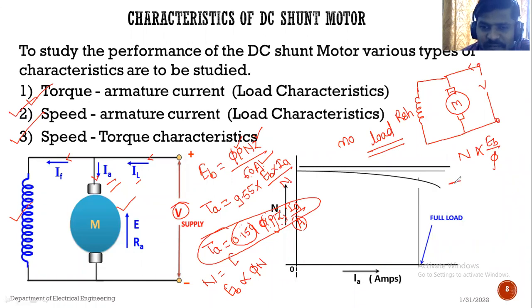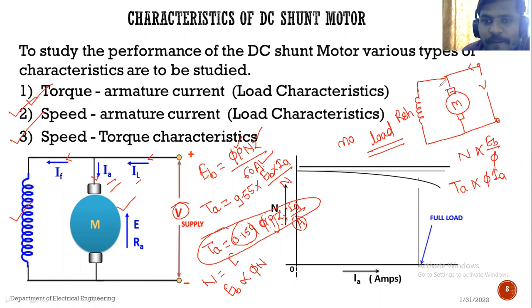So the torque equation becomes: torque TA is directly proportional to phi into IA. The armature torque TA is directly proportional to phi into IA, and the speed of the motor is directly proportional to EB divided by phi. Okay, right?